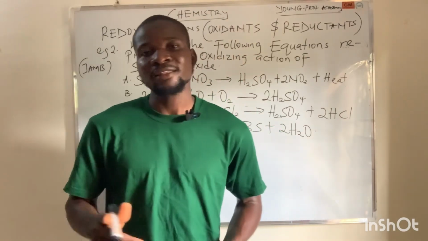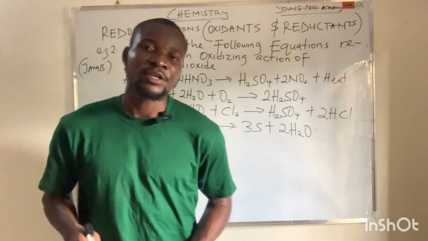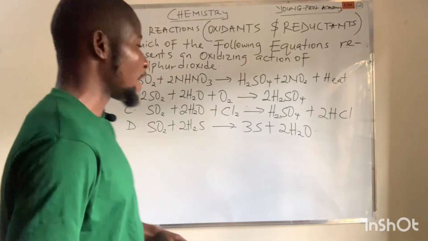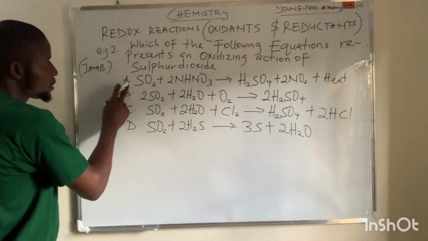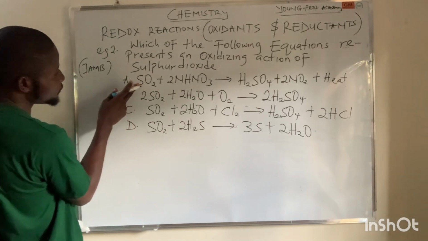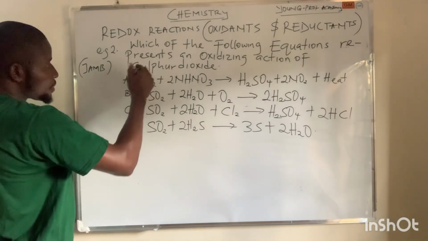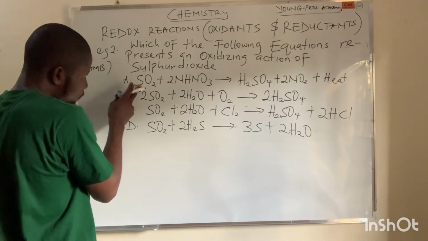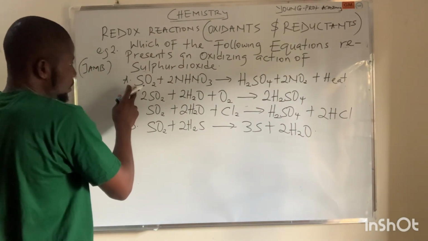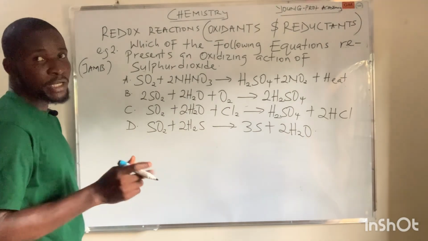An oxidizing agent gains electrons, a reducing agent loses electrons. So now, if you look at this first one, A, the oxidation number of this whole compound, because it is neutral, is equal to 0, but the oxidation number of sulfur here in this compound is 4. How do I know?